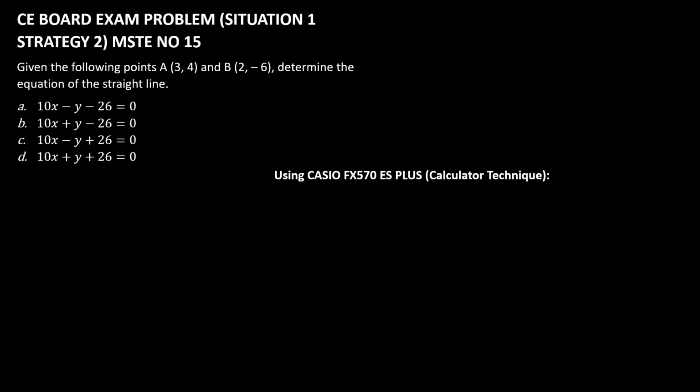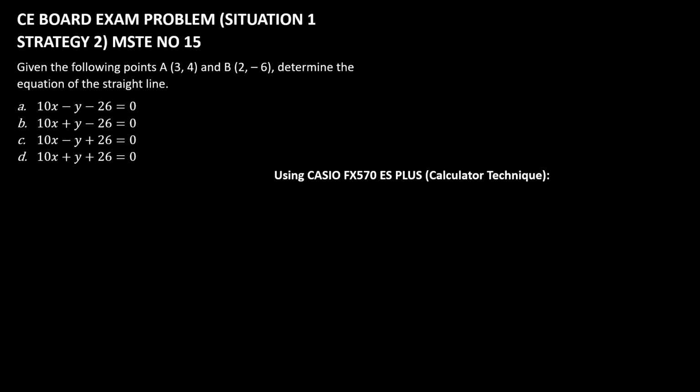Previously, we have already solved this problem, but this time, we will try to solve the same problem using another strategy, and that is by calculator technique using Casio FX-570 ES Plus or Casio 991 ES Plus. But before we start solving the given problem, allow me to read the CE board exam problem again.